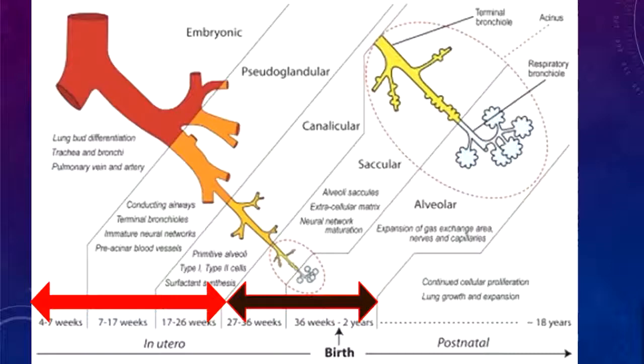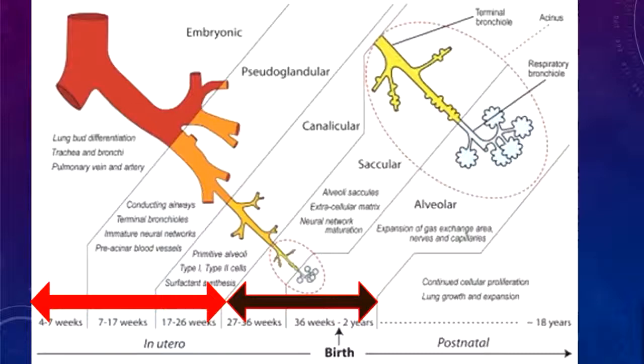In the next phase, we can see the pulmonary artery development. The major pulmonary vessels are developed in the earlier phase, up to 26 weeks, in conjunction with the embryonic, pseudoglandular, and canalicular phases of the major airways.